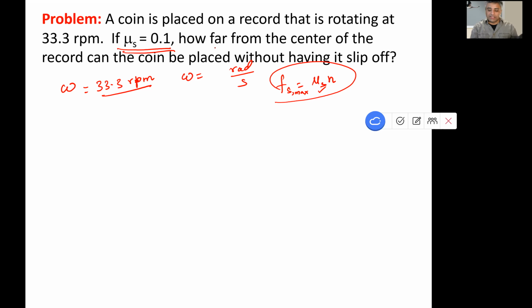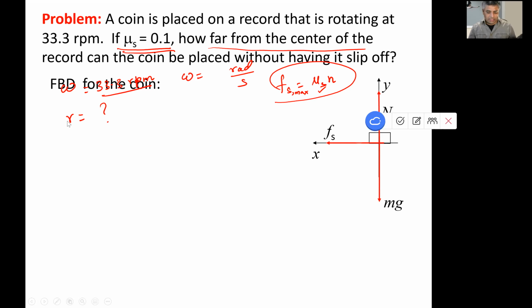So now the question is, how far from the center of the record can the coin be placed without having it slip off? So we are looking for the value of r, the radius of the circle. How far is it from the center? Is it here or here or here? That's what we want.